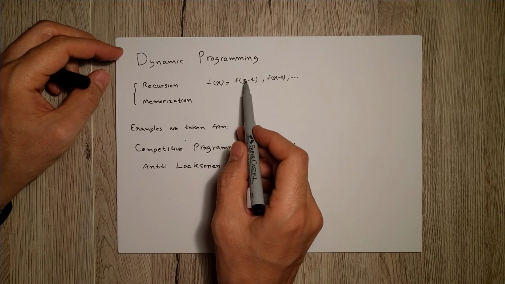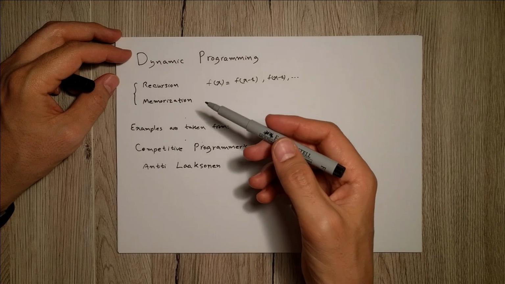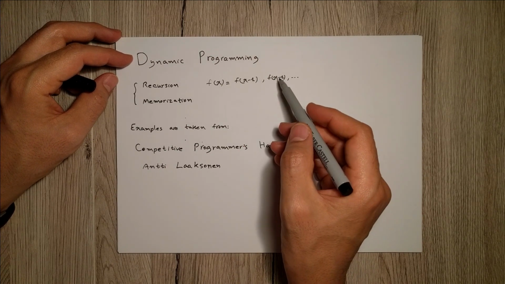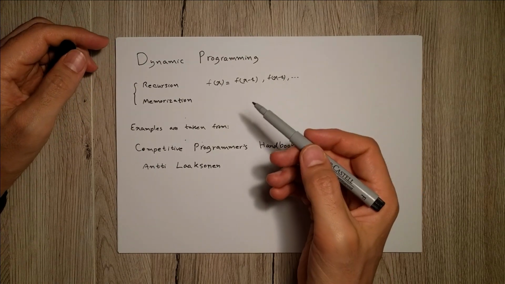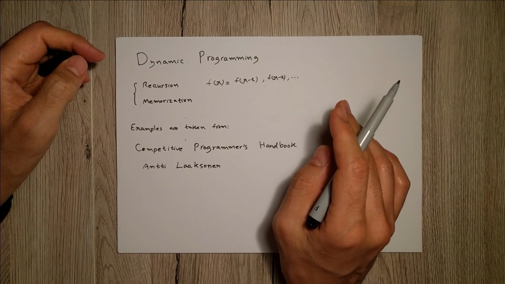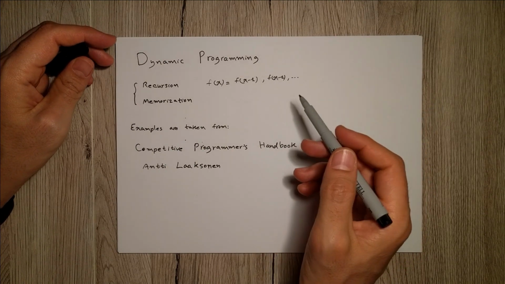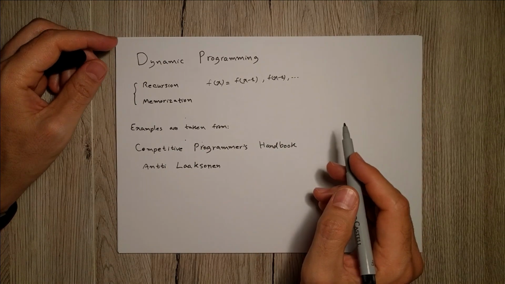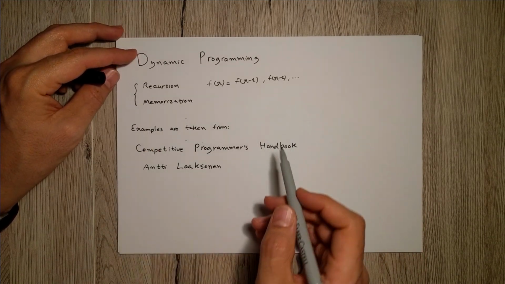When you compute f of x minus 2 and your function calls pop back, when you come back here and want to compute f of x minus 2, you have already computed it, so you stored it in a matrix, a vector, or whatever. So the second time you don't compute it again, you just read it. That's the concept of memorization and recursion.